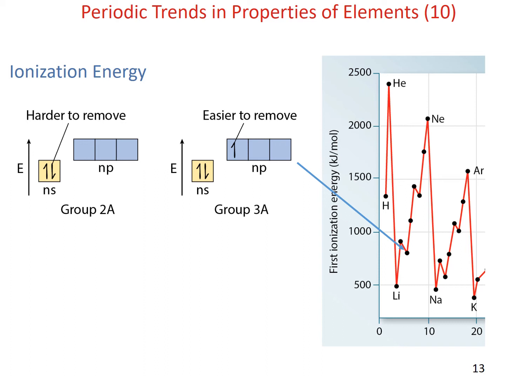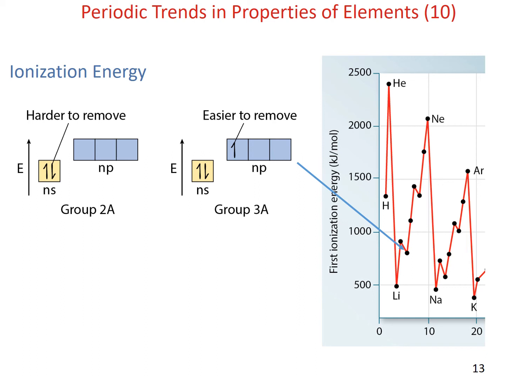And that electron is a little bit harder to remove. As opposed to group 3A, it's fairly easy to remove that outermost p electron, since its outermost valence electron is a p electron. It's at a higher energy level, just a little bit, than the s orbital. So it's easier to remove, and that's why you see that little zigzag occurring. So that's the difference between 2A and 3A.